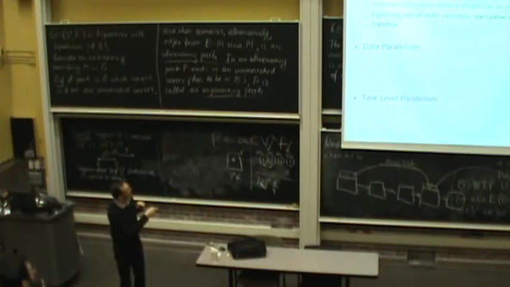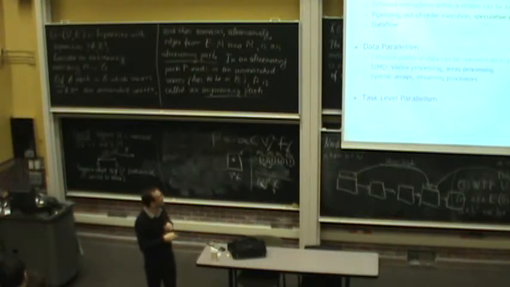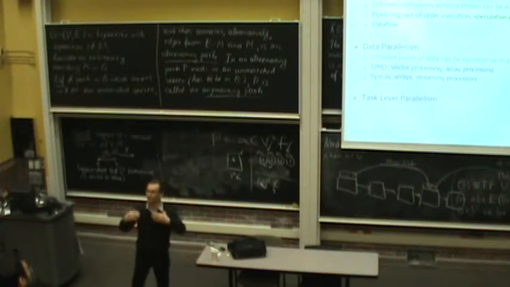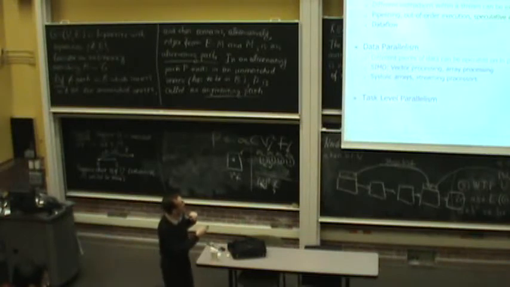In fact, something I'll describe here is a form of instruction level parallelism too, but I'll classify it a little bit separately. Data parallelism: different pieces of data are operated on in parallel. Single instruction, multiple data processors. In a sense, this is vector processing or array processing, and some things we can see potentially later if you take 742.